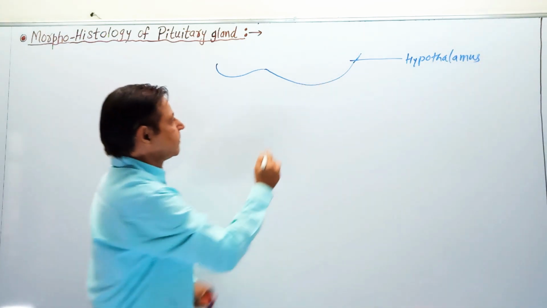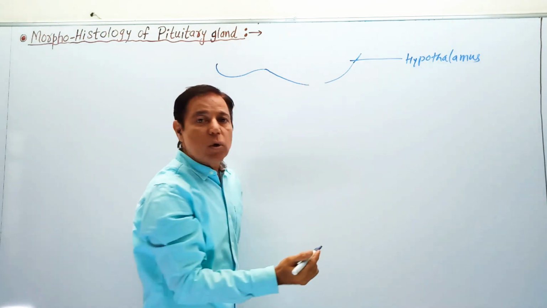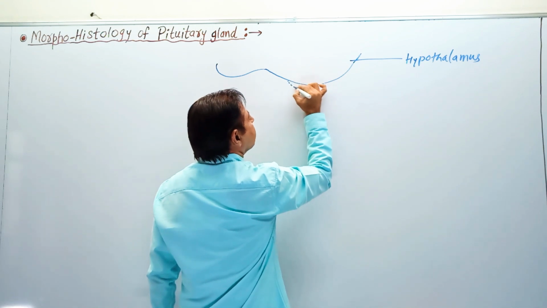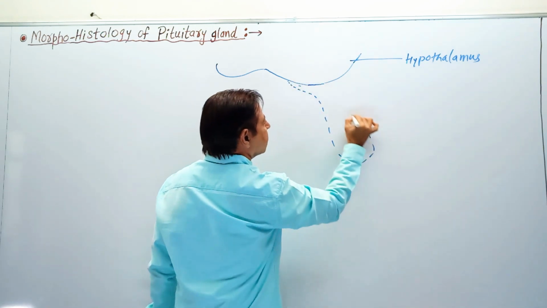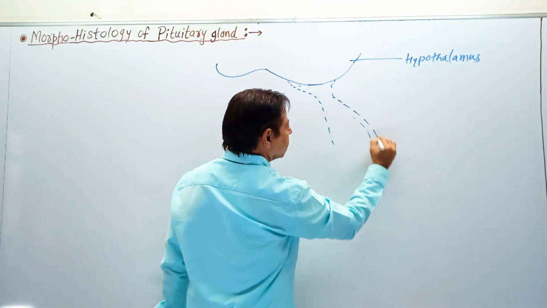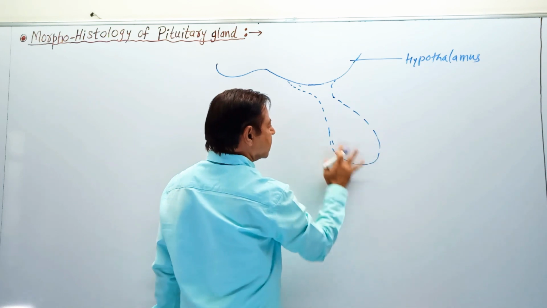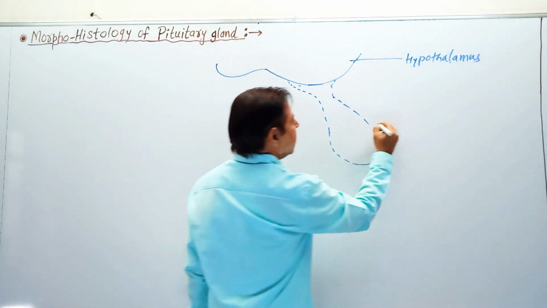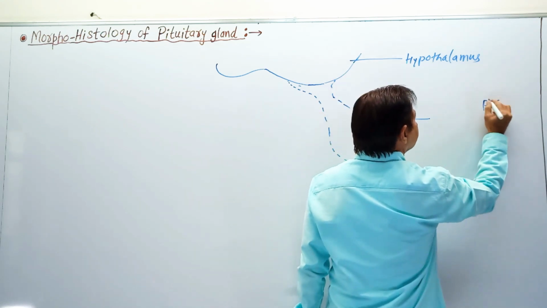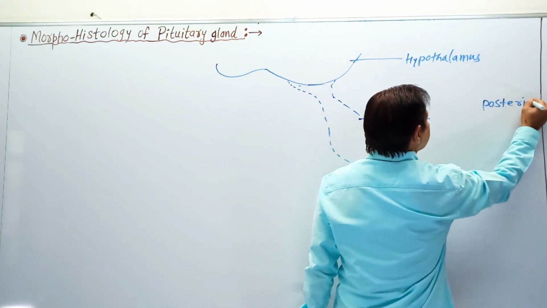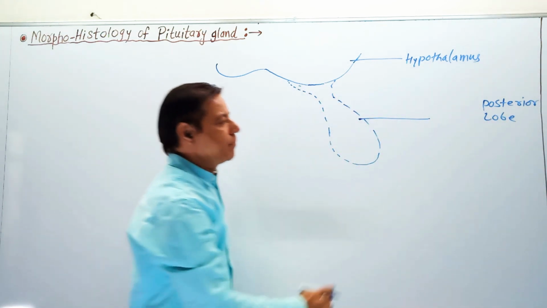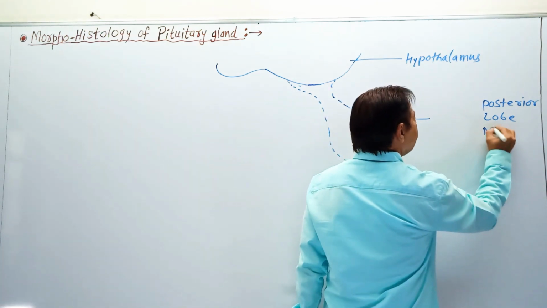And below hypothalamus, the downgrowth of the hypothalamus is called posterior lobe. Posterior lobe of pituitary or neurohypophysis.